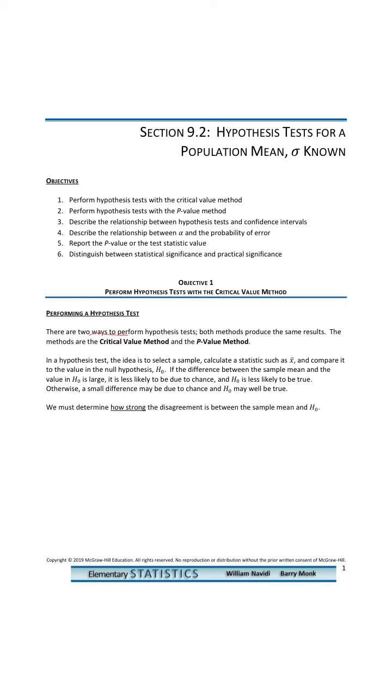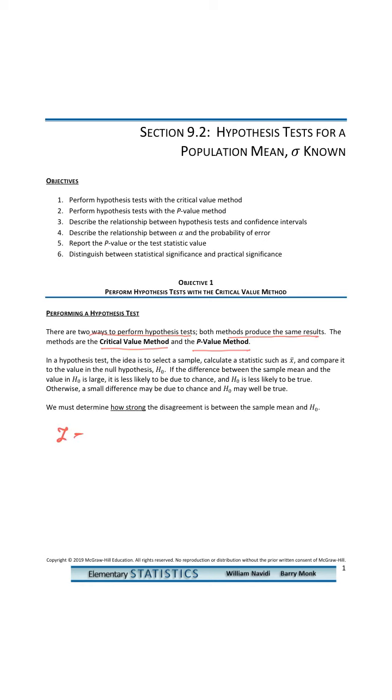There are two ways to perform a hypothesis test. Both methods produce the same result. The methods are the critical value method and the p-value method. In the critical value method, we need to find the test statistic. Test statistic is the z-score of the sample mean.